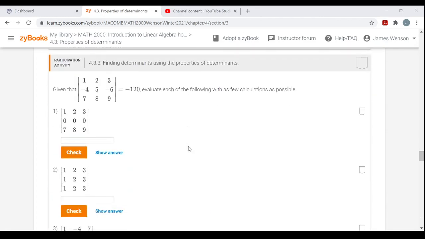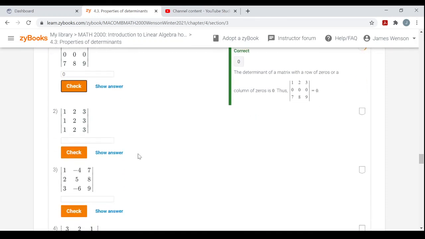All right. So here they tell us this 3 by 3 matrix has a determinant of -120, the way it looks right now. All right, this one's a joke because, look, the second row is all zeros. So the determinant of this matrix is 0.